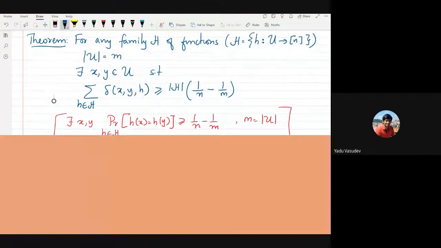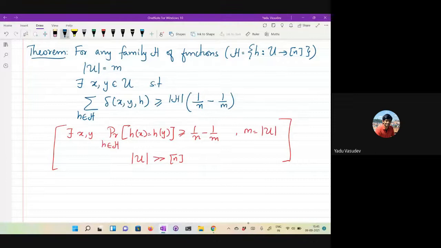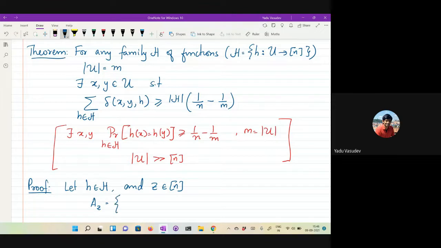Let's just see a brief proof of this. The proof is not very complicated. Let h be some function in this family, and let's take a z, which is one of the images in n, and look at the set of all pre-images. We define the set A_z: the set of all x in the universe such that h(x) is equal to z.